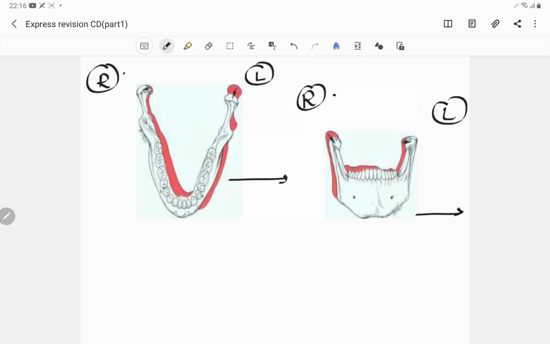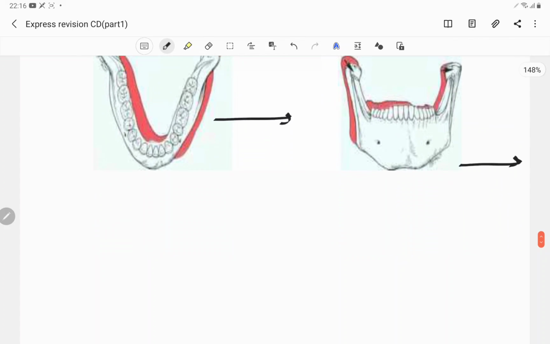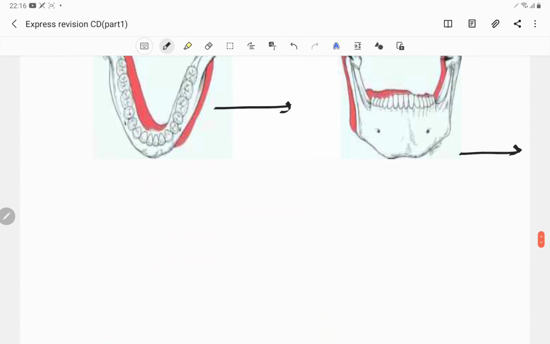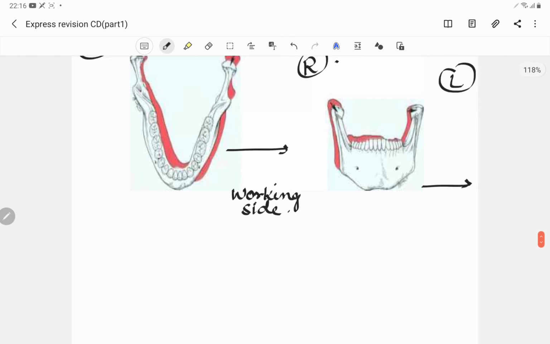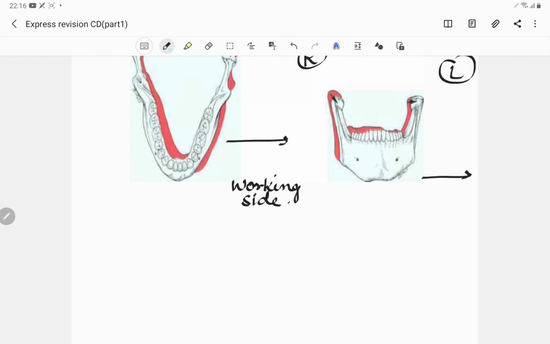So this side, on which the movement is happening, is our working side. So let's write here, this side is the working side and the other side is our non-working side, right?